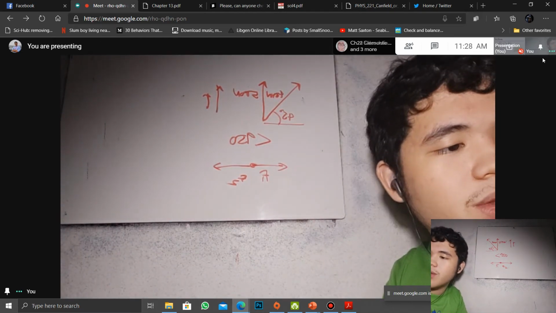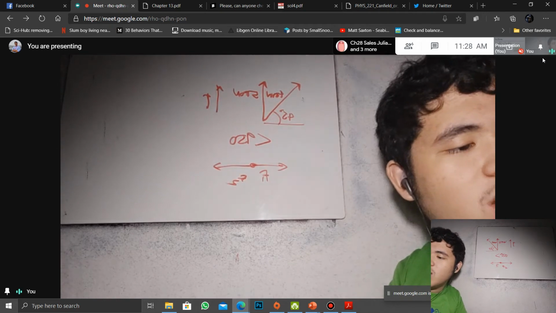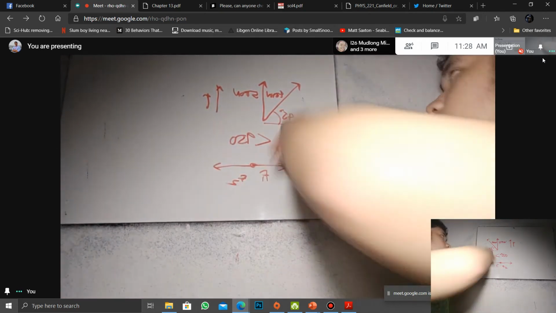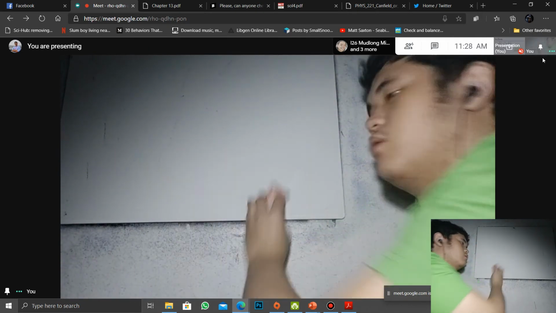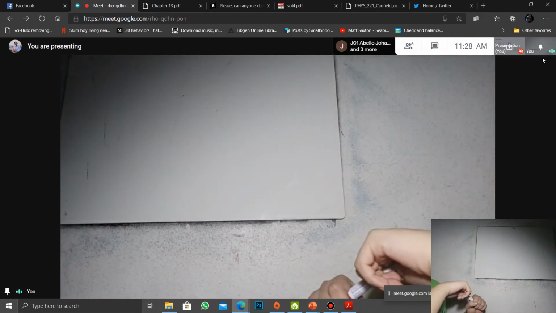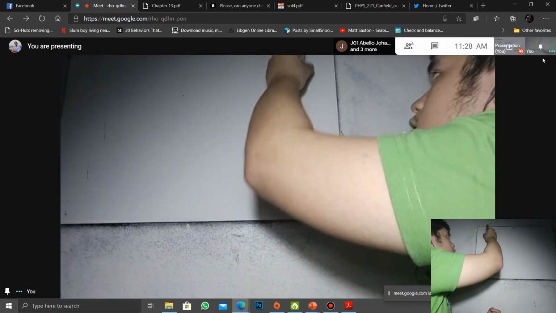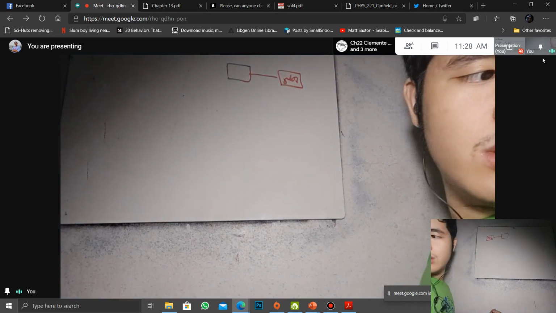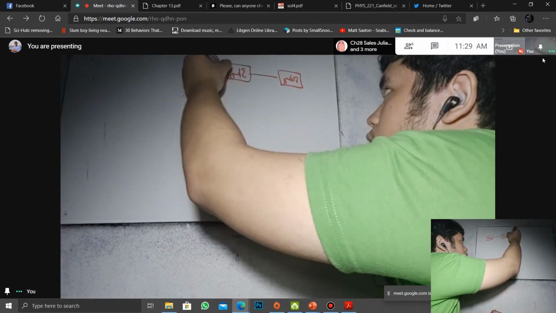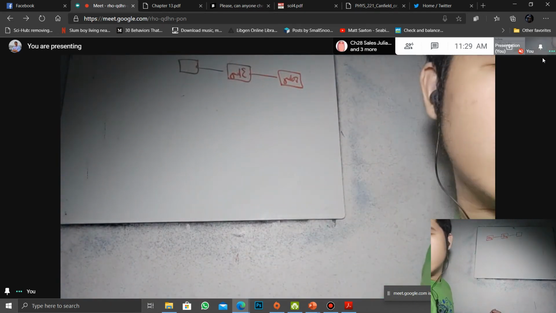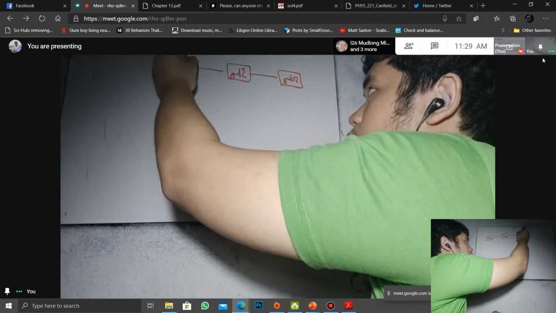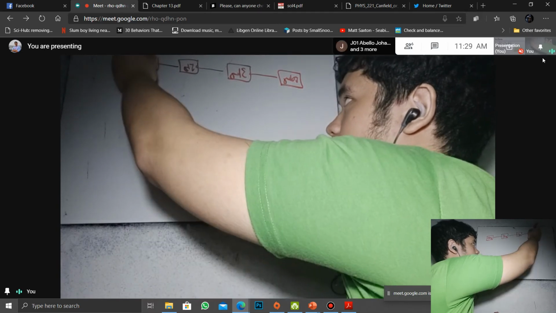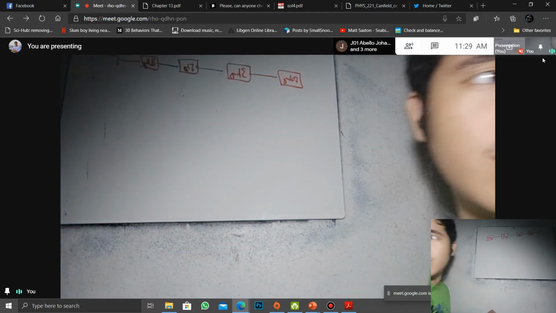15, 16. Okay. You can do this the hard way, or you can do this the easy way. Paano yung hard way? Yun yung nakasulat dito kanina. 10, 3 kg, 5 kg, 2 kg, F. Ngayon, drawingan natin ng free body diagram lahat.